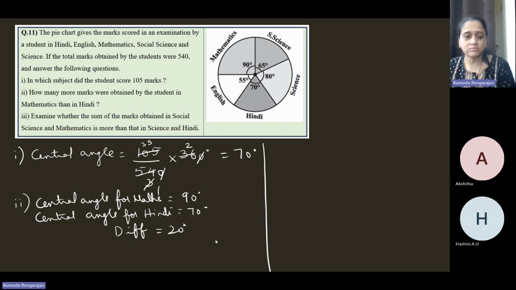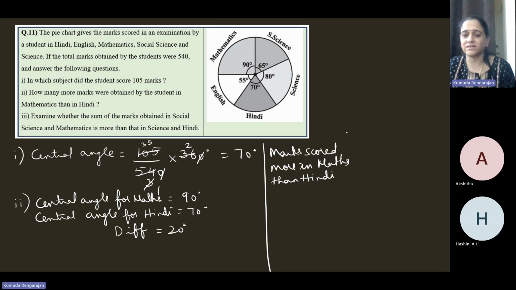So the marks scored more in which subject? Maths than Hindi. Write it like that.